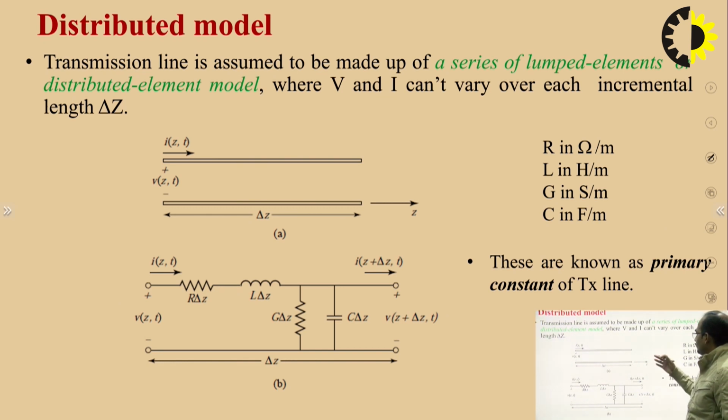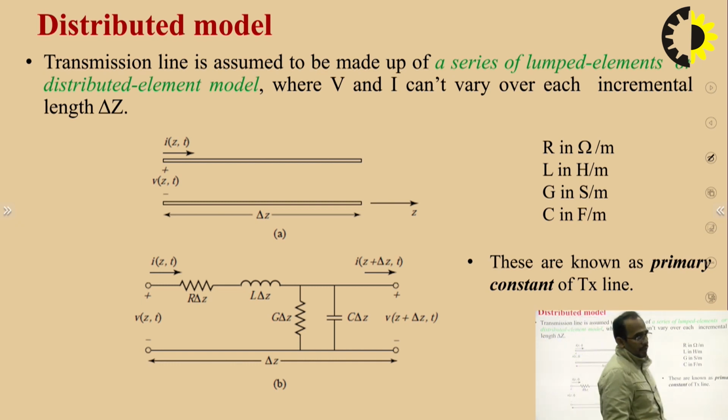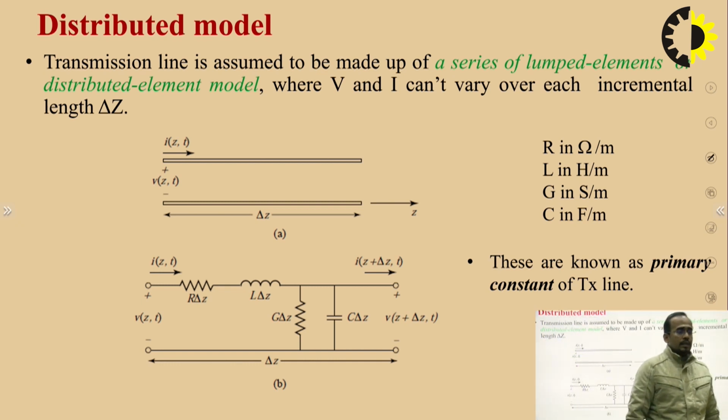Here I have used the lumped series elements: resistance, inductance, capacitance, and conductance. You can see that R and L are connected in series, where G and C are connected in parallel. These R, L, G and C are known as the primary constants.